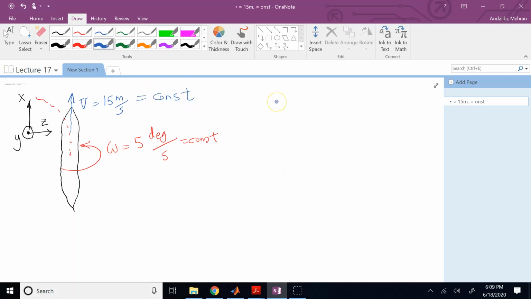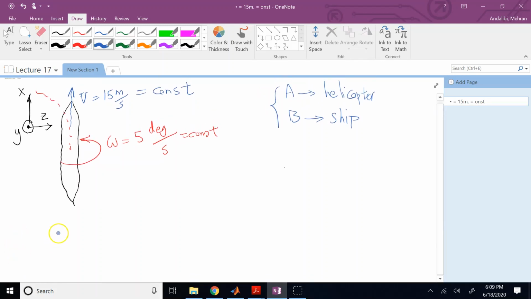What we need to do, first of all, here we call B to be the ship. So here A for us, the object of interest, is the helicopter, and B, the moving frame which is measuring the helicopter, is the ship with its radar. And of course we have a frame attached to the Earth. So what I would like to do is I use cap XYZ here.